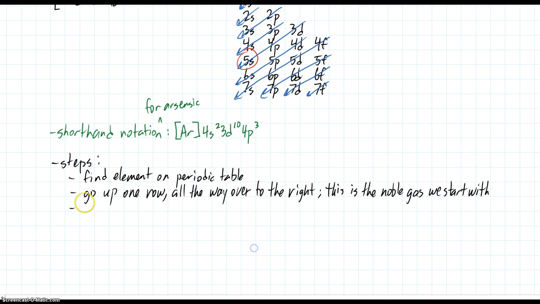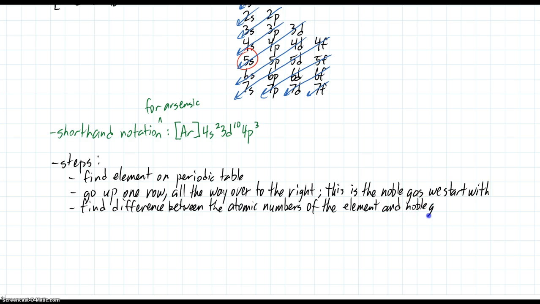We want to find the difference between the atomic numbers of the element and the noble gas, because that is the number of electrons we need to add into our configuration.